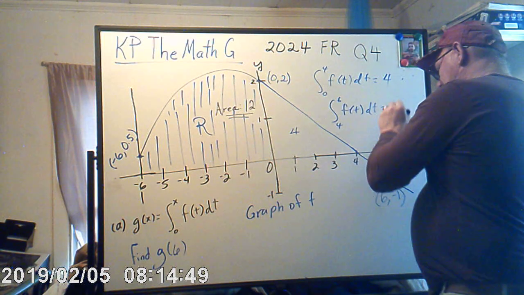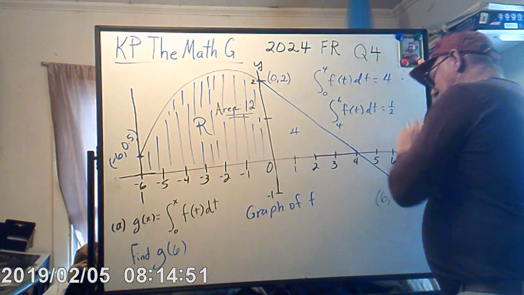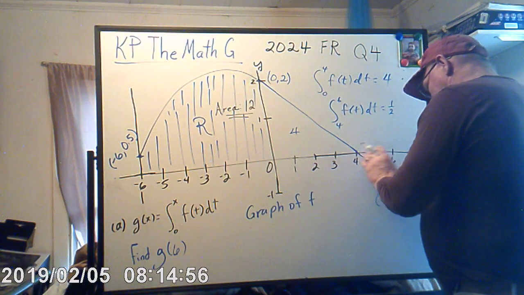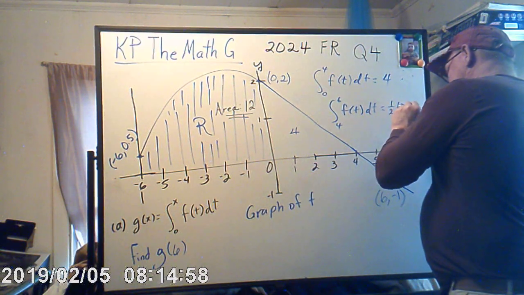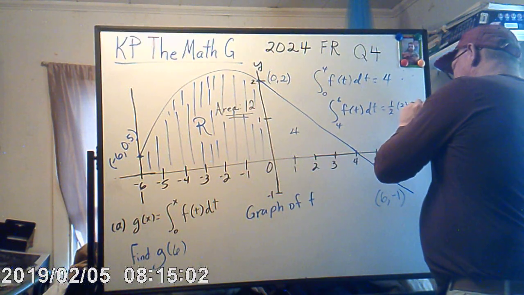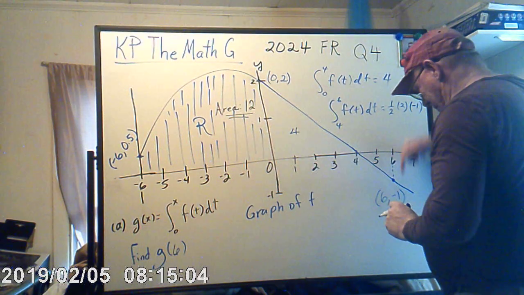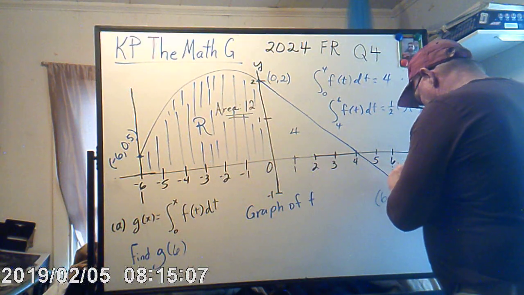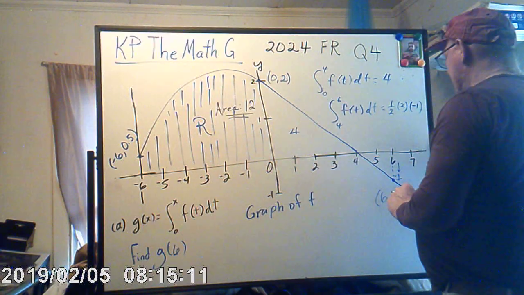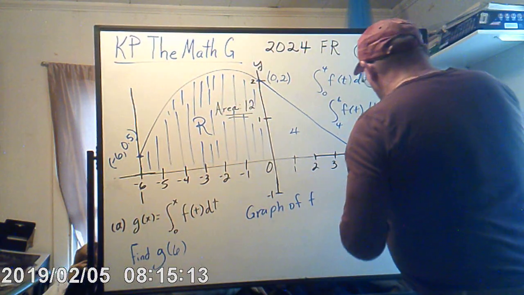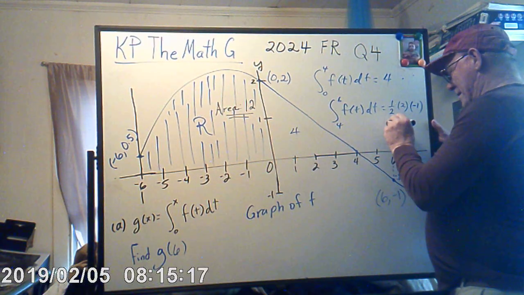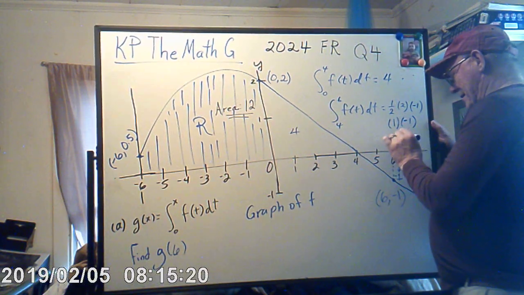So it's 1/2 the base. Always put 1/2 on triangles, right? The base is 2, and then the height is 1, but remember that's negative because we are going down. This is down 1, so that's negative 1. Half of 2 is 1, and 1 times negative 1 is negative 1.